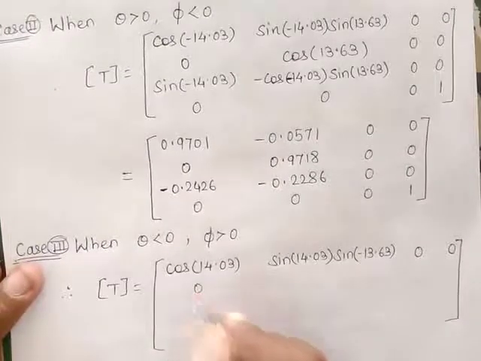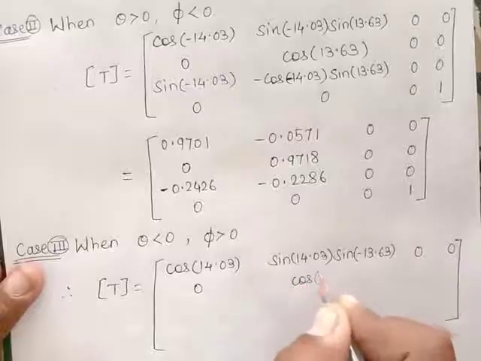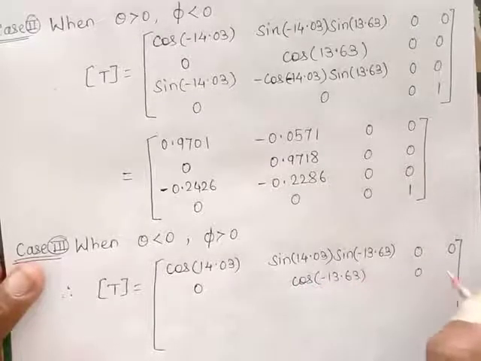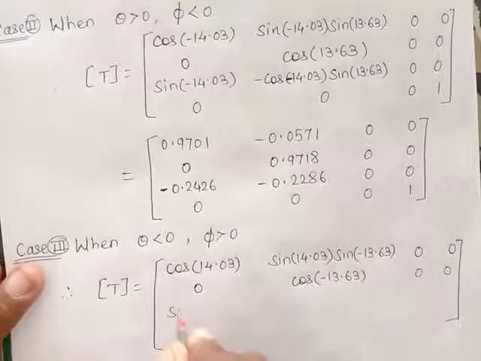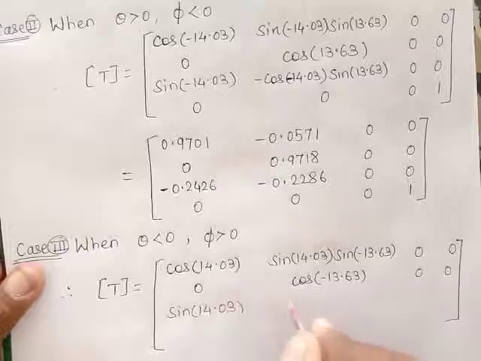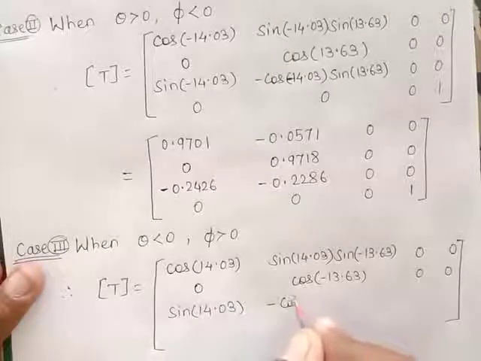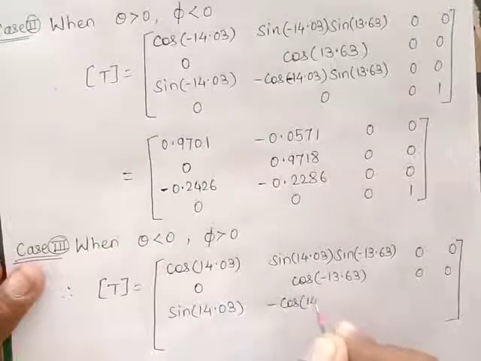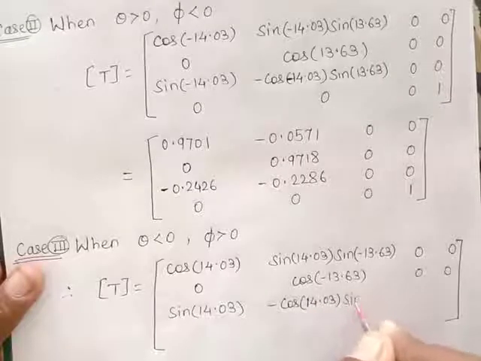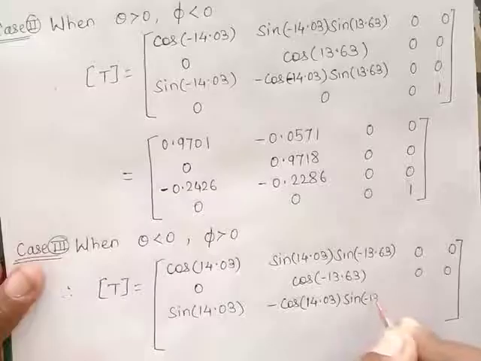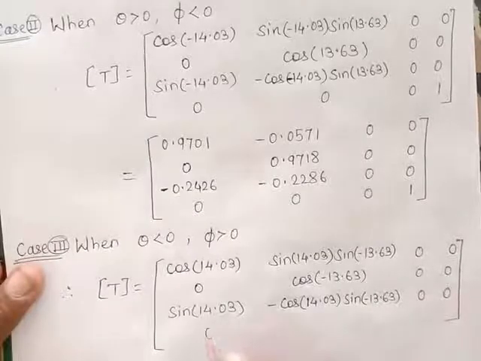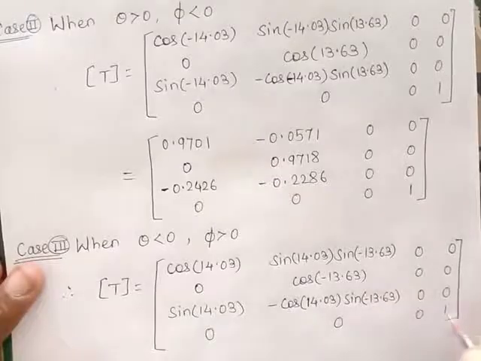Here 0, cos of minus 13.63, 0, 0, sin of 14.03, here minus cos of 14.03 into sin of minus 13.63, 0, 0, 0, 0, 0, 1.